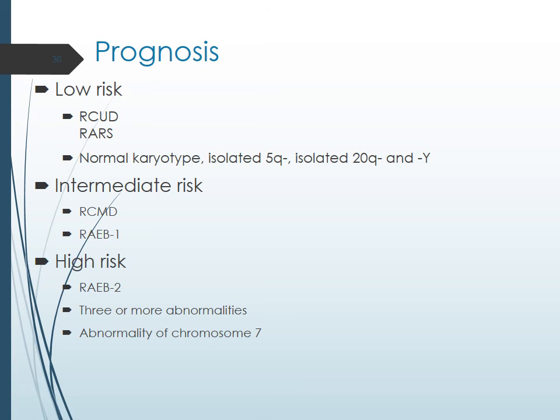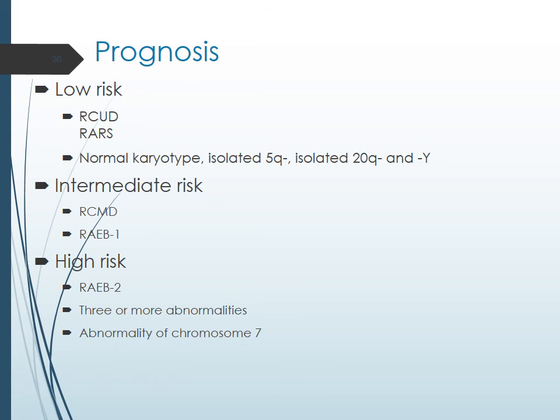Cytogenetic features have been recognized as an important prognostic indicator. So if the patient has 3 or more abnormalities, they fall into the high risk group, or if there's an abnormality in chromosome 7. The intermediate group includes those with all other abnormalities.